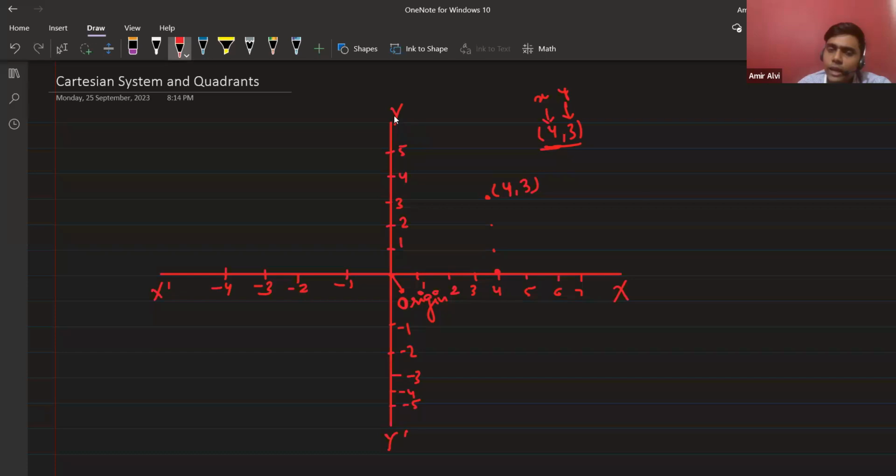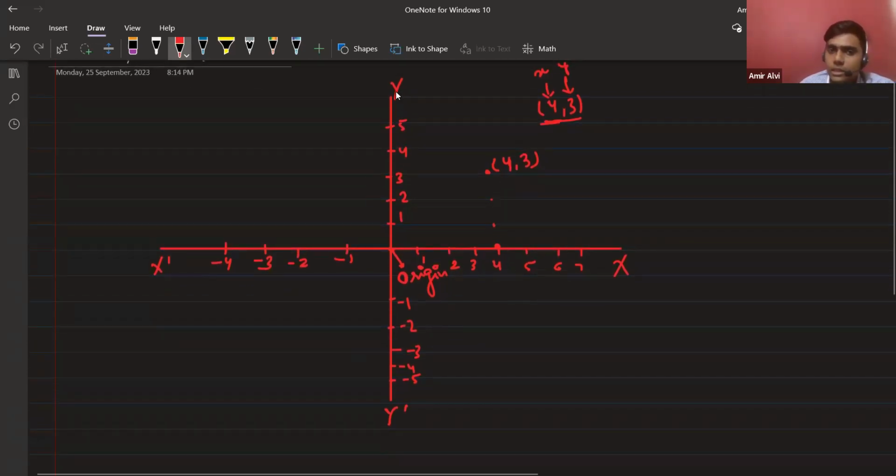Isn't it somewhat like south? This is north, this is west, this is east, this is south. Yes. Similarly, that kind of thing. So these things are called the x-axis. Not V, this is Y, this is the y-axis.